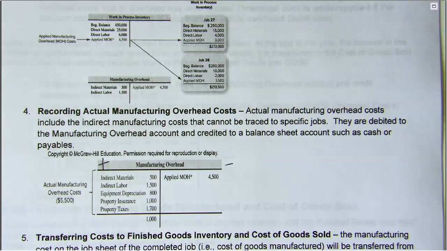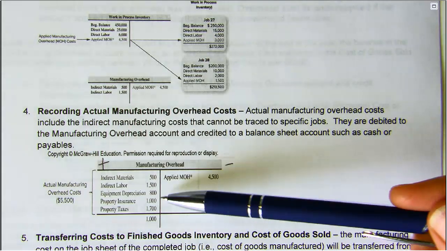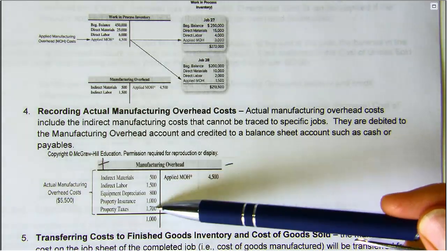Remember, all costs that occur in the factory have to be recorded in one of three areas as direct labor, direct materials, both of which can be traced, or factory overhead, which is indirect in nature, and so we have to apply it. So when actual costs occur, they are debited to manufacturing overhead, and when we apply overhead, we credit that account.